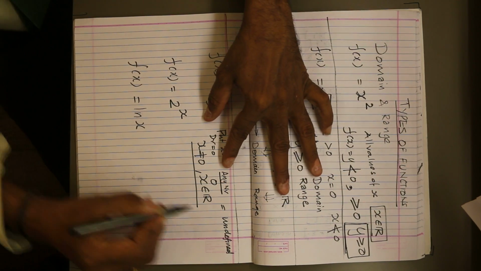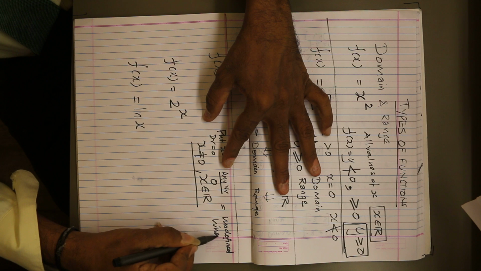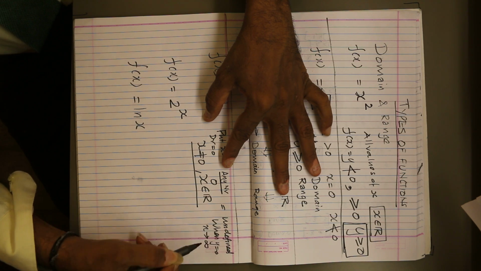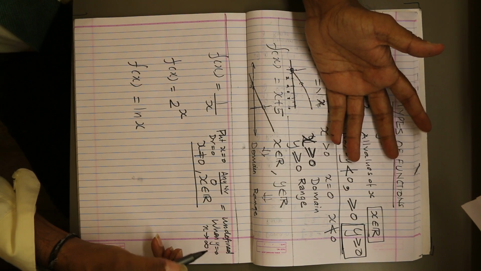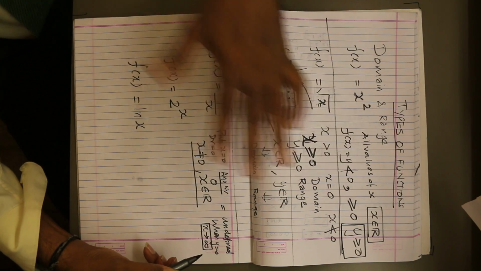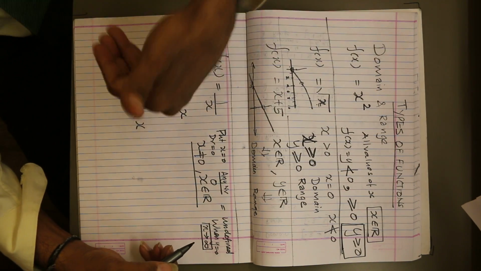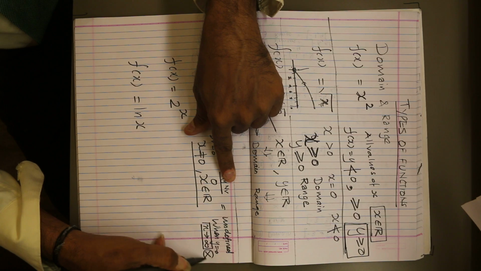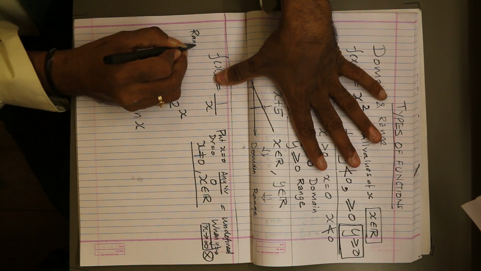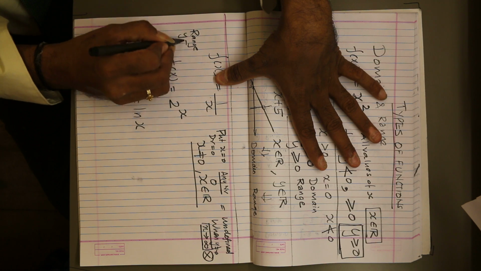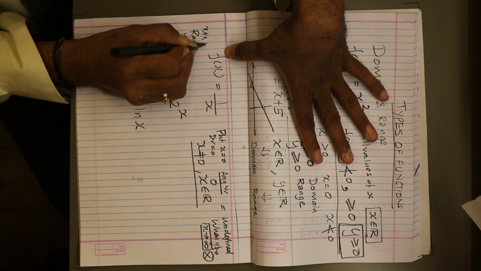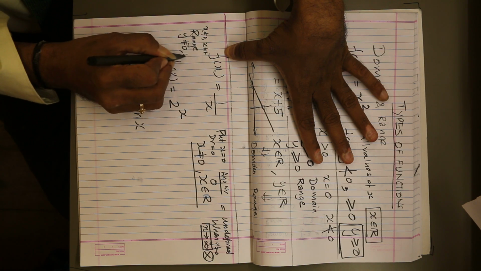Infinity. So when y is 0, x tends to infinity. So y can't be 0 because x is undefined. As per the rule, the range is the y values for which x should exist, and it is not existing. Therefore, y cannot be equal to 0. So range, y not equal to 0. Domain, x not equal to 0, x belongs to R. Y also belongs to R.